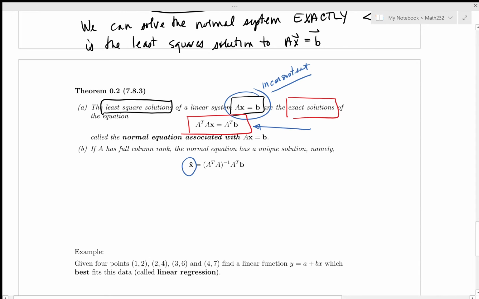And this is normally the case. If we have a least squares fit to a linear model, it will always have full column rank unless you measure twice at the same x value and get the same result and include both of them, which we don't normally do. So this is typical.